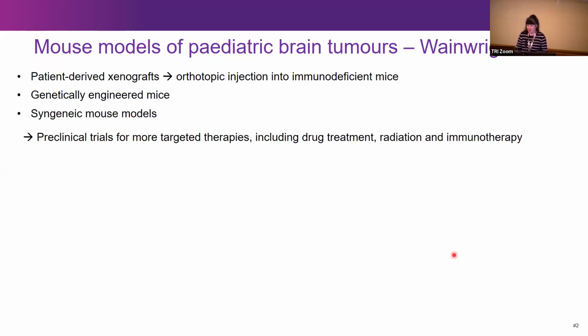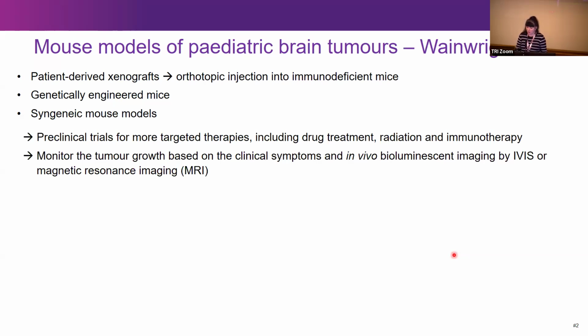So for us to run these various preclinical trials for various targeted therapies, and these include not just drugs, but also radiation and immunotherapies, it is very important to be able to image our mice and to monitor the tumor growth.